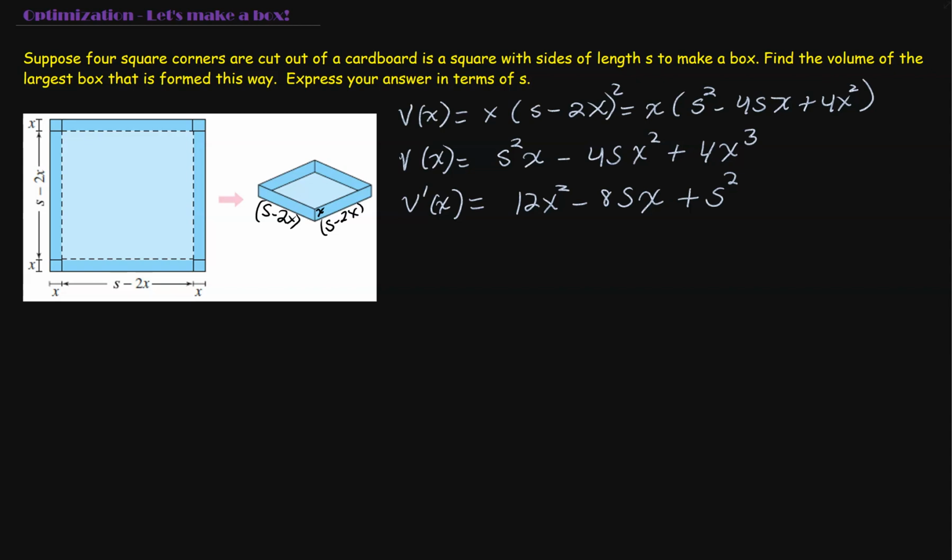Then the derivative is going to equal 0, and we can factor this out and solve. At the end you'll have plus s squared, and I have to choose a combination that multiplies to give me 12 and adds together to give me 8.